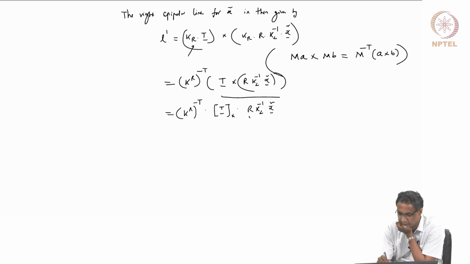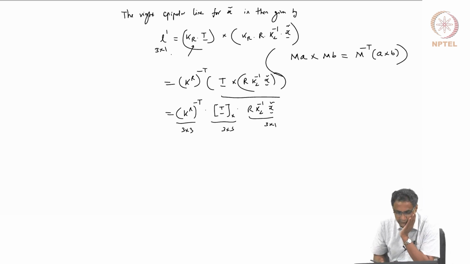This is 3 cross 1, this is 3 cross 3, this is 3 cross 3, and therefore L dash is of course 3 cross 1. That's that L1, L2, L3, whatever, for that epipolar line.